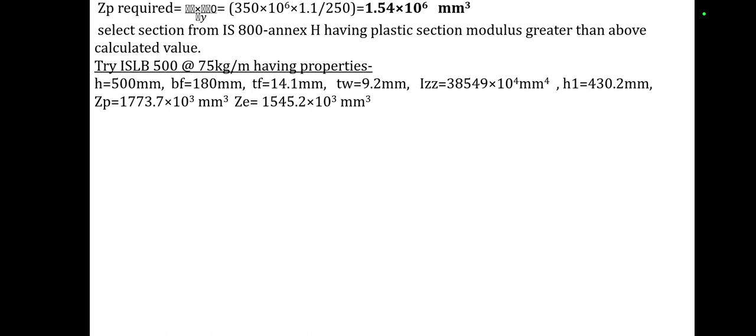Tw equals 9.2 mm, that is the thickness of the web. Izz equals 3854 into 10 raised to 4 mm raised to 4, that is Ixx. H1 is 430.2 mm.